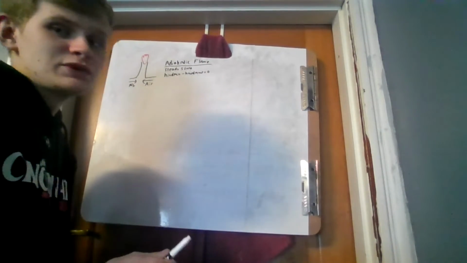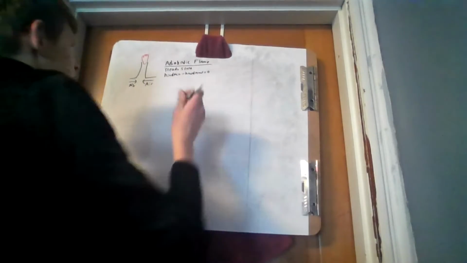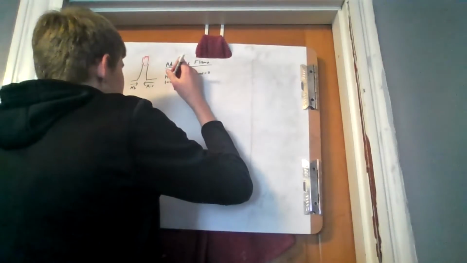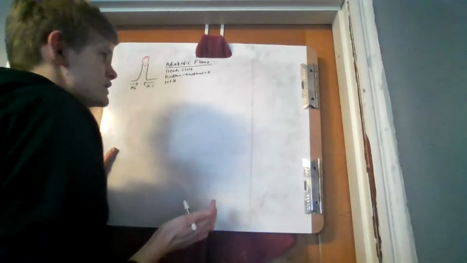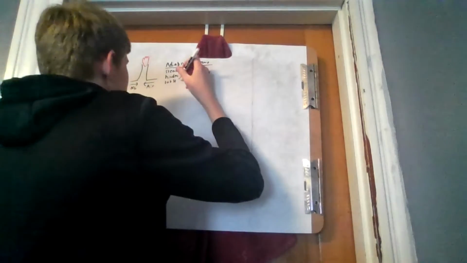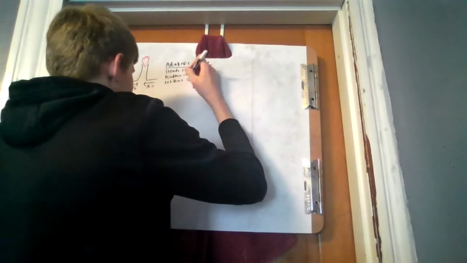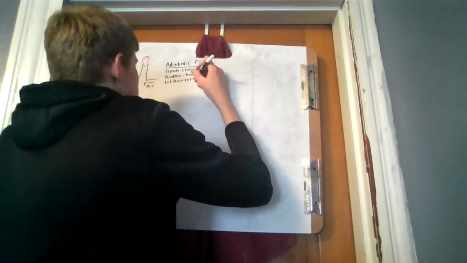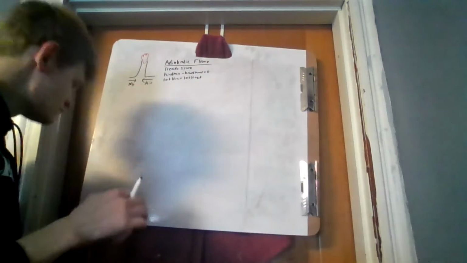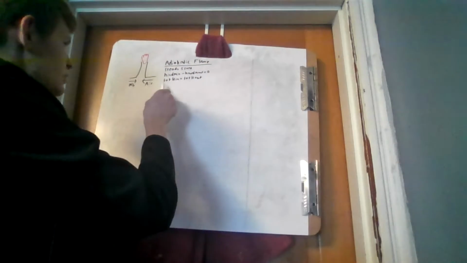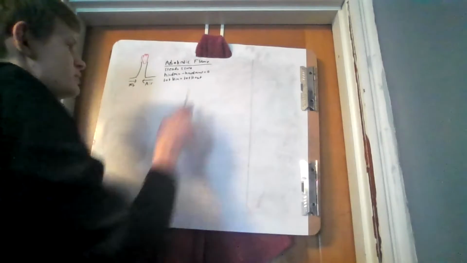Whatever's going in is going to equal what's going out. And a better way of writing it is just using a capital H to represent the total enthalpy. With this, we have our total enthalpy going in and our total enthalpy going out.